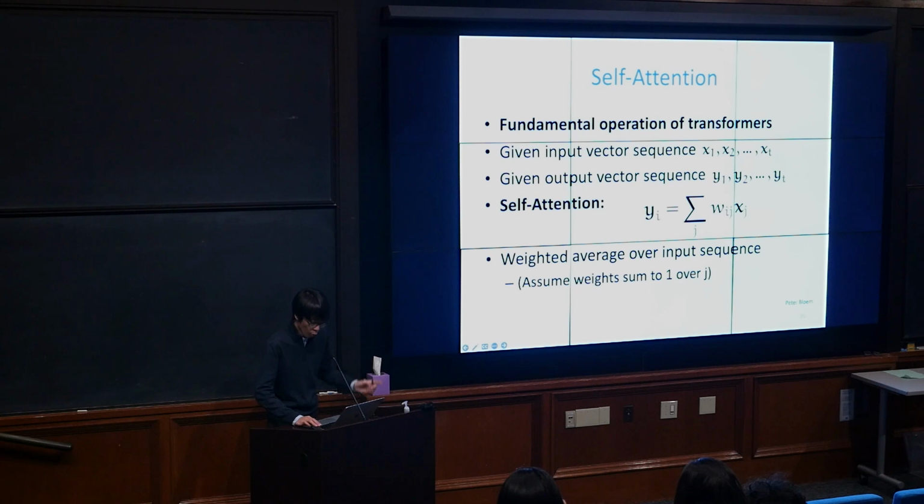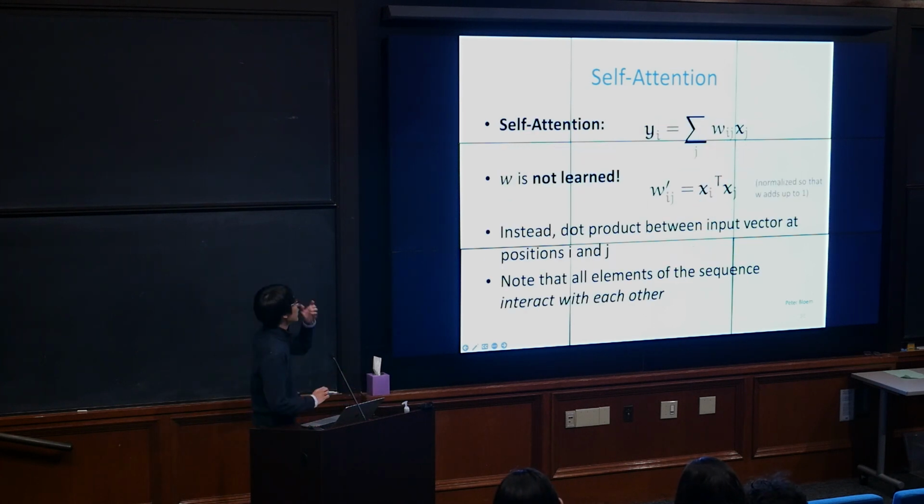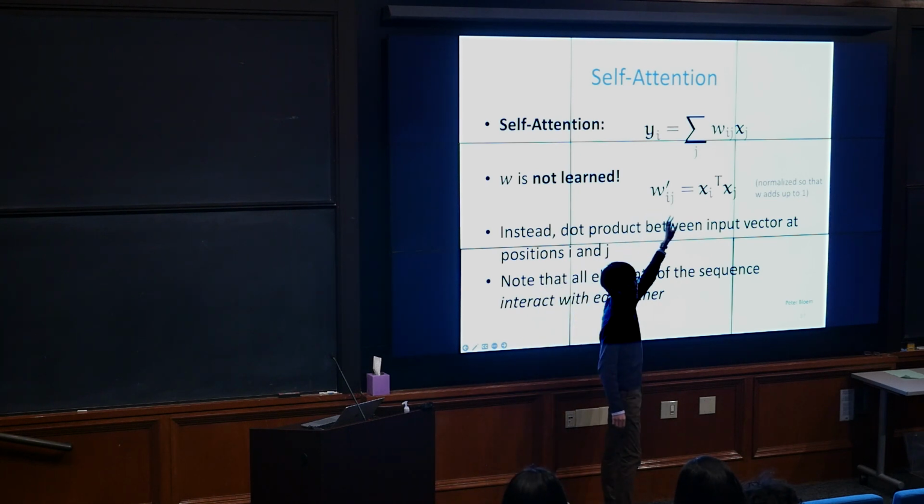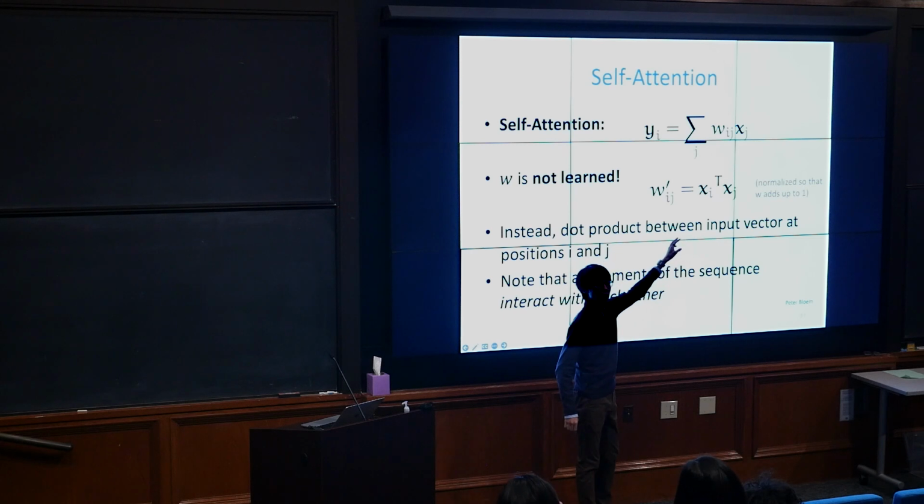But the important part here is that W is not a learned parameter. W is the covariance matrix. Well, not the covariance matrix, but kind of. The parameters in W are just Xi times Xj, right?